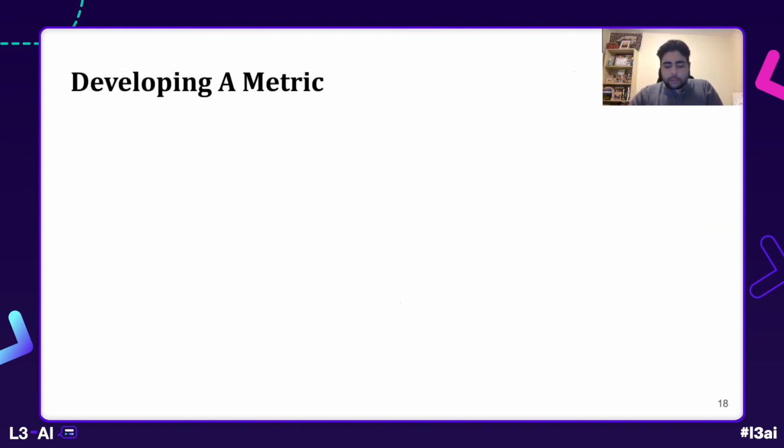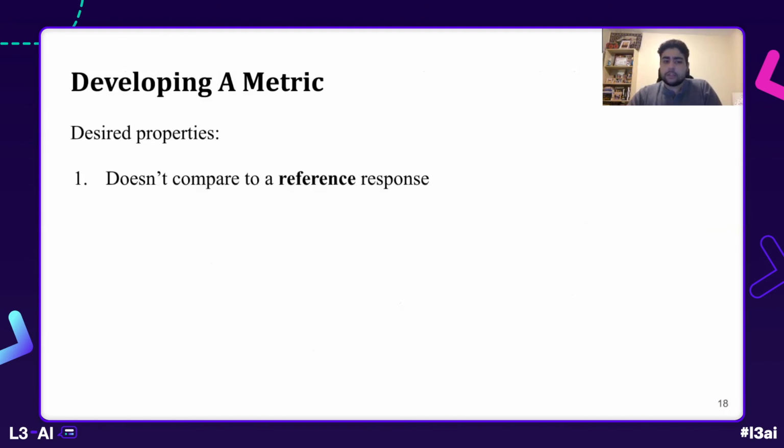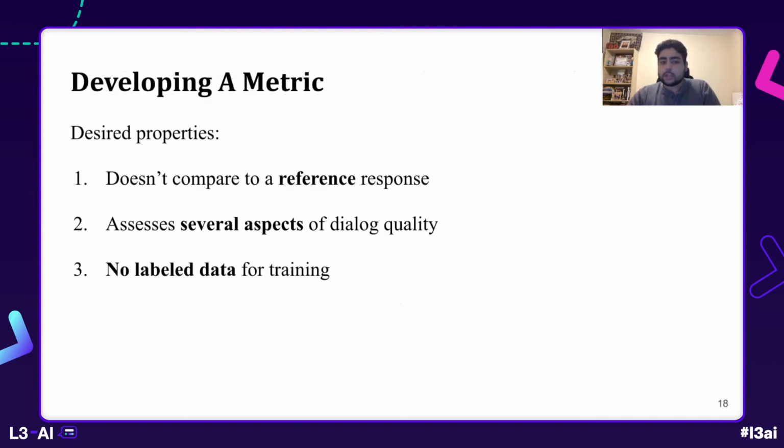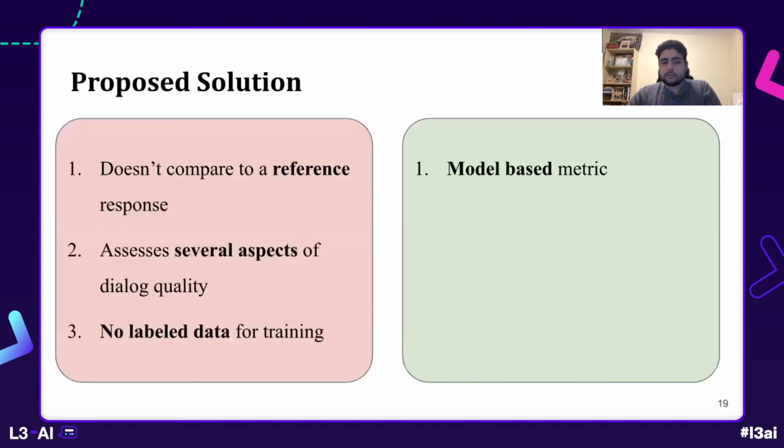Okay, so now that we have these annotations, let's talk about the metric. So we want to build a metric that does not compare to a reference response, assesses several aspects of dialogue quality, and does not use any labeled data for training. Because we don't want to compare it to a reference response, this means that we need a model-based metric that takes as input some information like the dialogue history and knowledge, and then a response, and outputs some score.